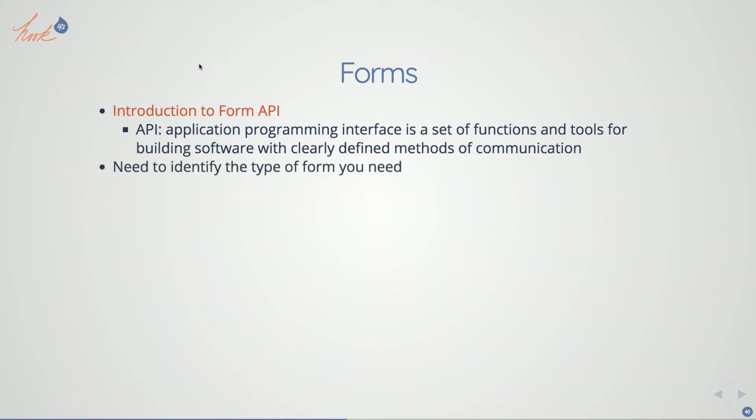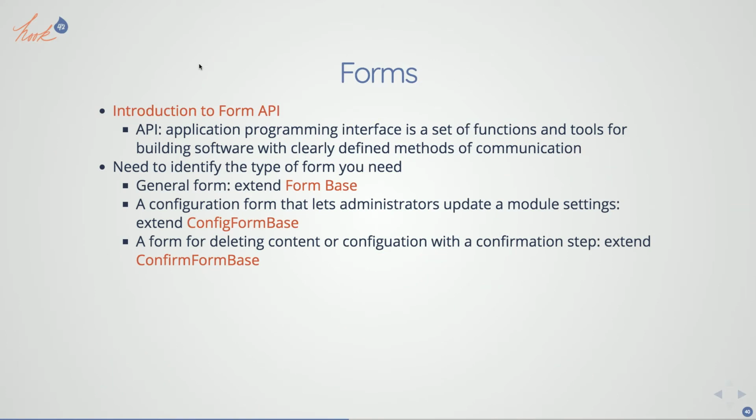And the first step to creating forms in your custom module is to identify the type of form you need. There are 3 types of forms to leverage. There's a general form, there's a config form that lets administrators update a module's settings, and then there's another config form that just has an extra step that says, "Are you sure?"